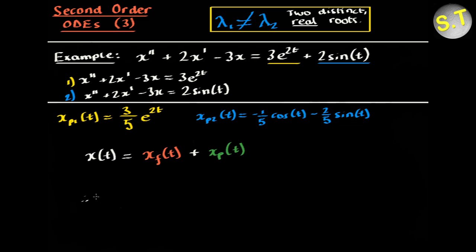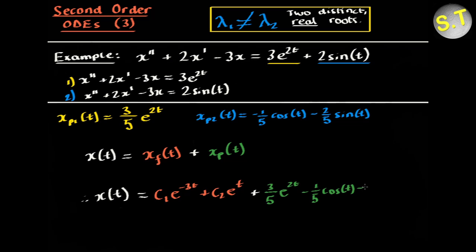So therefore now, we can conclude our x of t is equal to, and we saw in the last video that our fundamental solution was some constant c1 times e to the minus 3t plus some other constant c2 times e to the t, plus, and we need both parts of our particular solution that we found here and here, so plus 3/5 e to the 2t minus 1/5 times the cosine of t minus 2/5 times the sine of t.